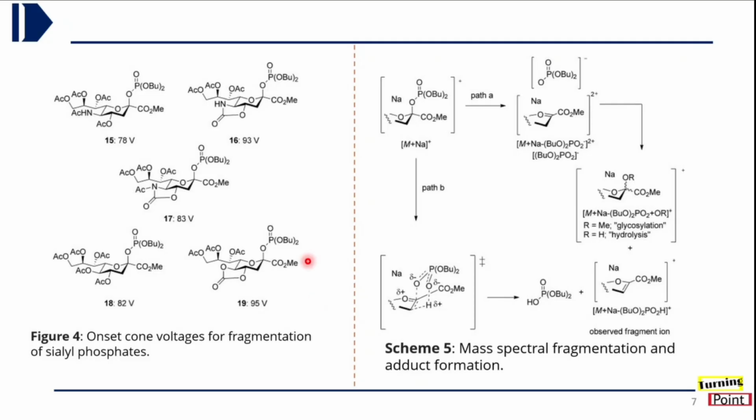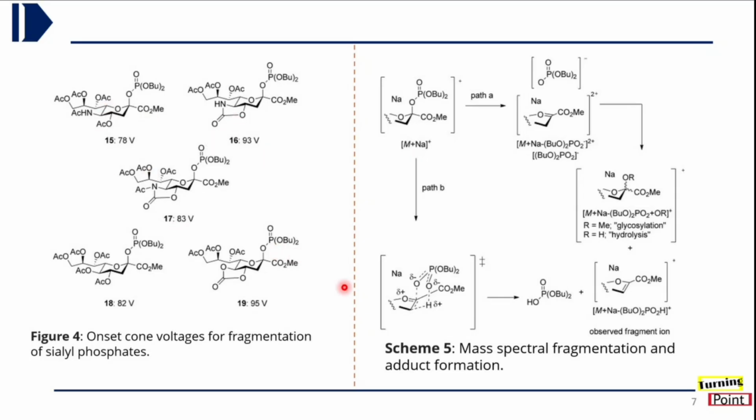Since it was observed previously that in the case of thiodonors, in mass spectral fragmentation the first fragmentation begins from the thio group instead of the anomeric carbon to oxygen cleavage, that's why they made this phosphate donor. So they synthesized various phosphate donors containing either cyclic or acyclic protecting groups.